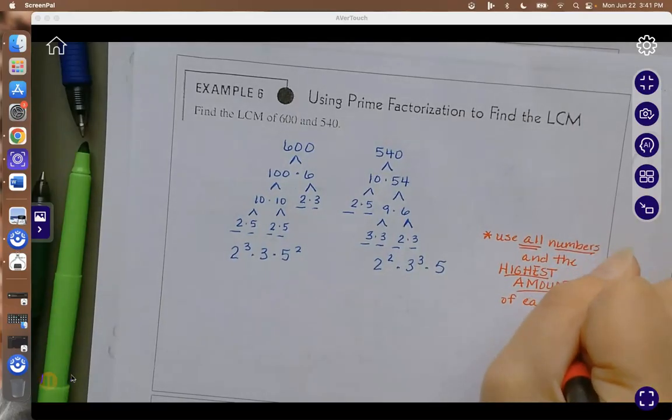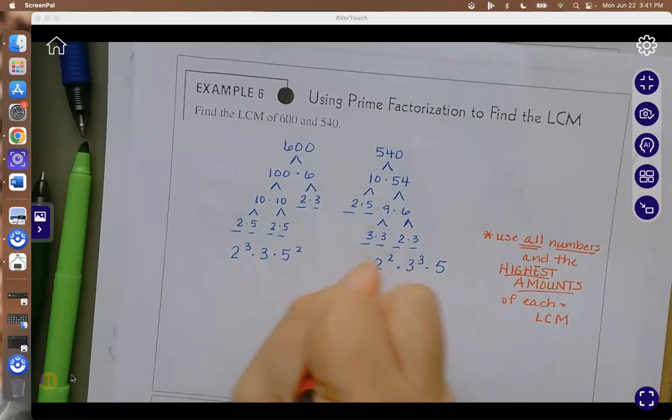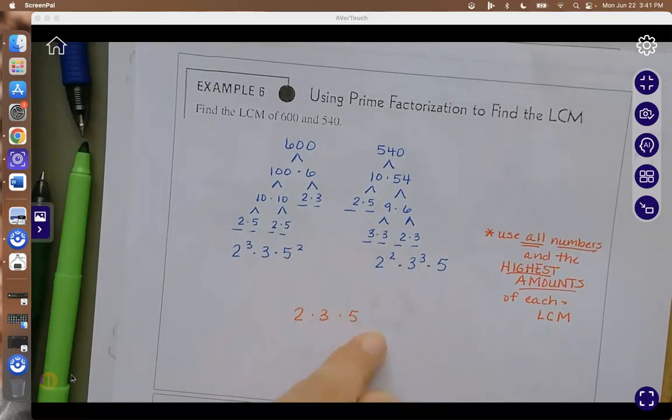And that's your LCM. So I see 2s, I see 3s, I see 5s. It doesn't matter if this one over here had a 7 and this one didn't, we put a 7. Okay? Then the highest exponent.